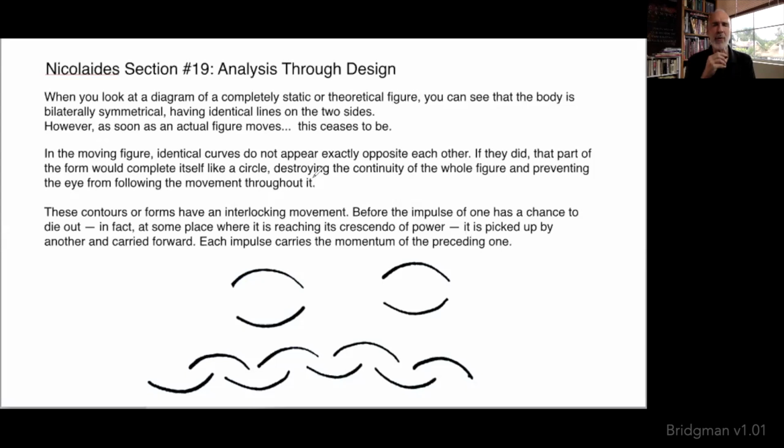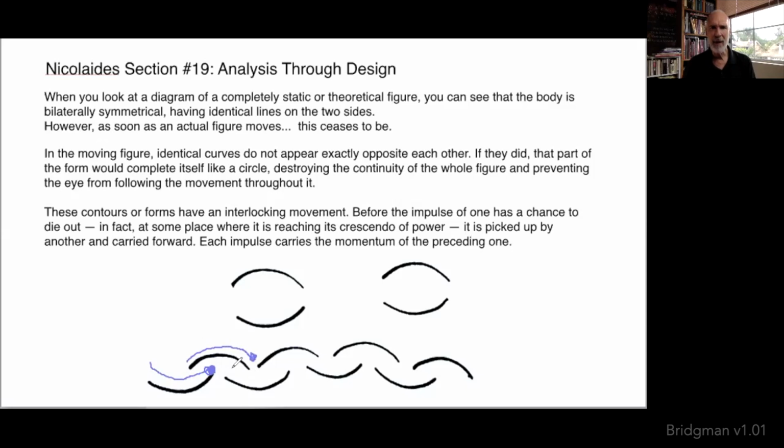These contours or forms, these moving contours and forms, these dynamic ones, these ones that don't destroy continuity, the kind that he's saying you want to get, have an interlocking movement. Before the impulse of one has a chance to die out, in fact, at some point where it reaches its crescendo of power, it is picked up by another and carried forward.